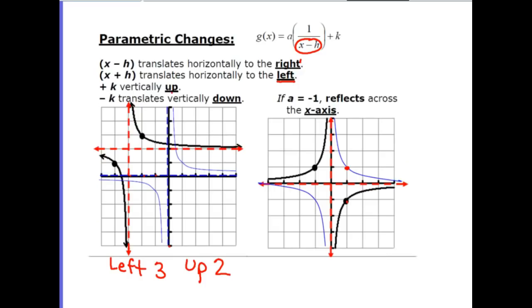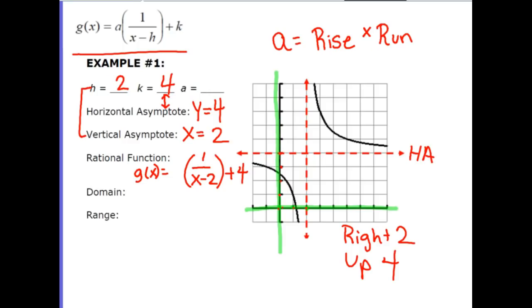Well, let's look over here on our example number 1. I've got to find a pretty point here. This is a pretty point, and I rise up 1, 2, 3, and run over 1. A is equal to 3 times 1. The a is equal to 3. It's had a stretch of 3.